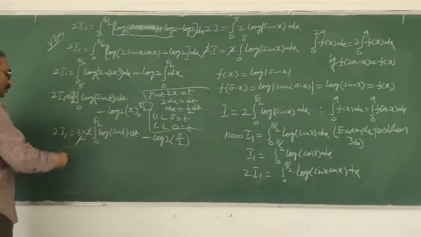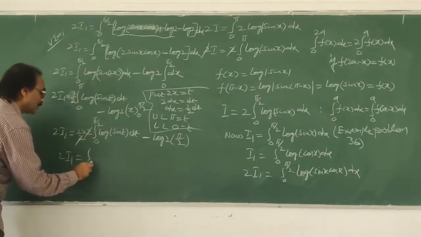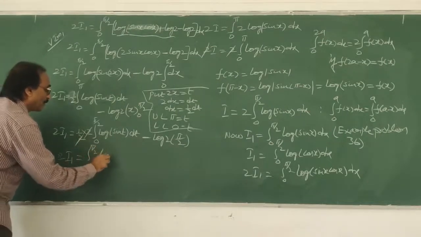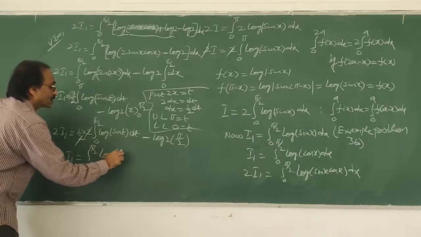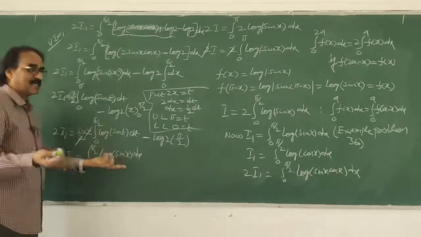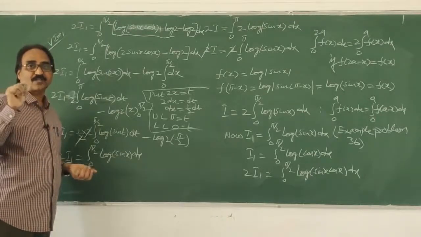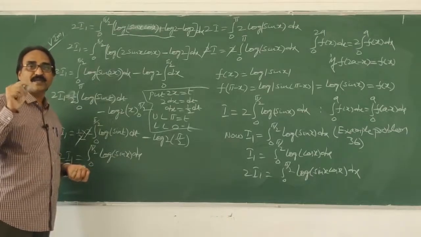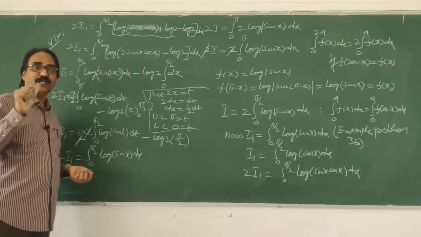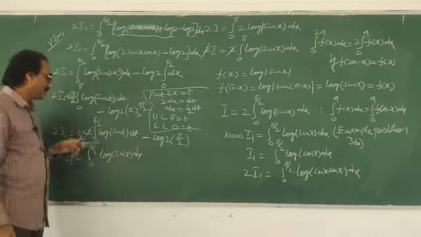Here the 2 cancels. 2I1 is equal to integral 0 to pi by 2, by the first property, log sin x dx. The variable won't change with the same limits: integral a to b of f of x dx is equal to integral a to b of f of t dt is equal to integral a to b of f of z dz, the same integral.